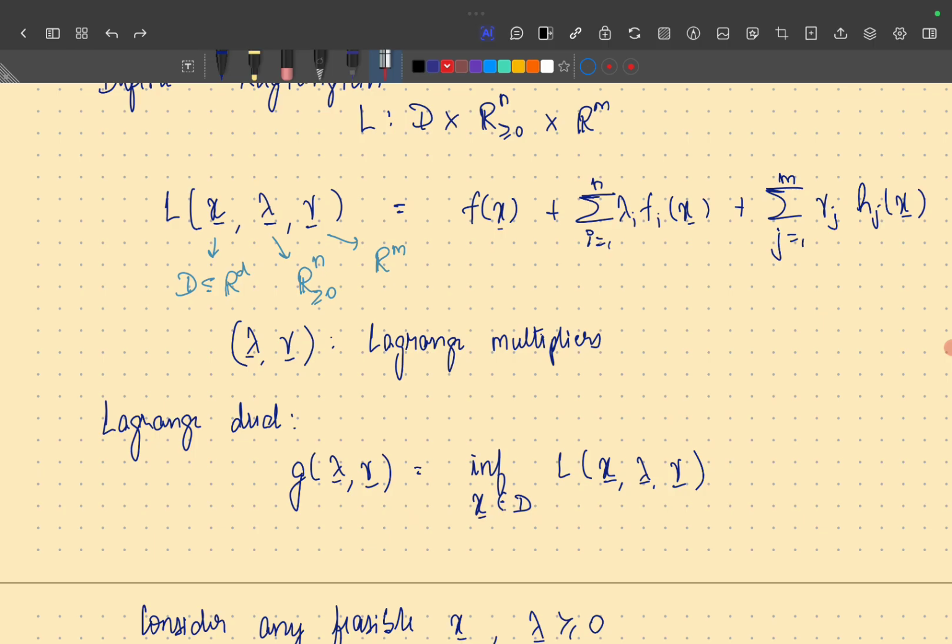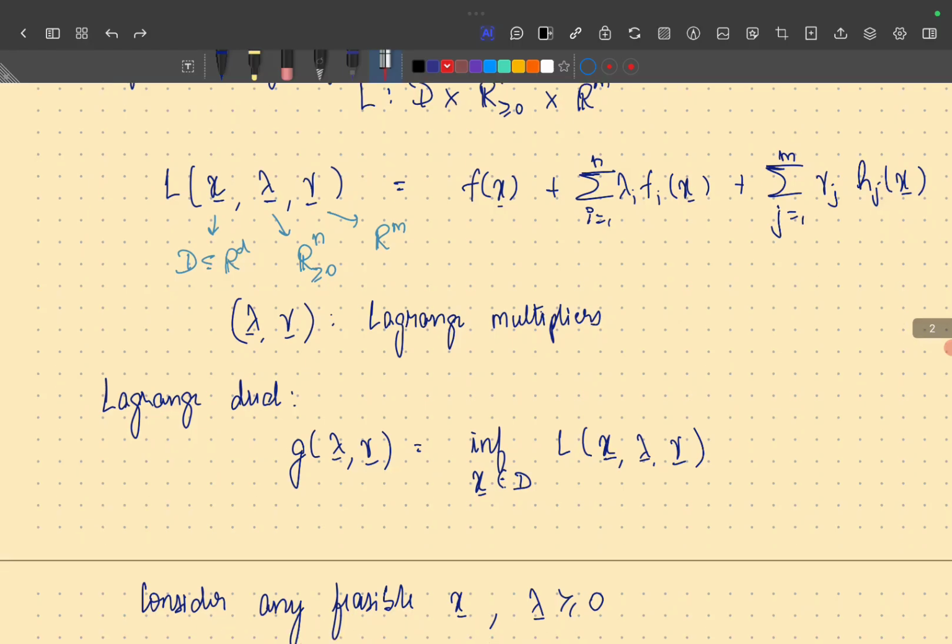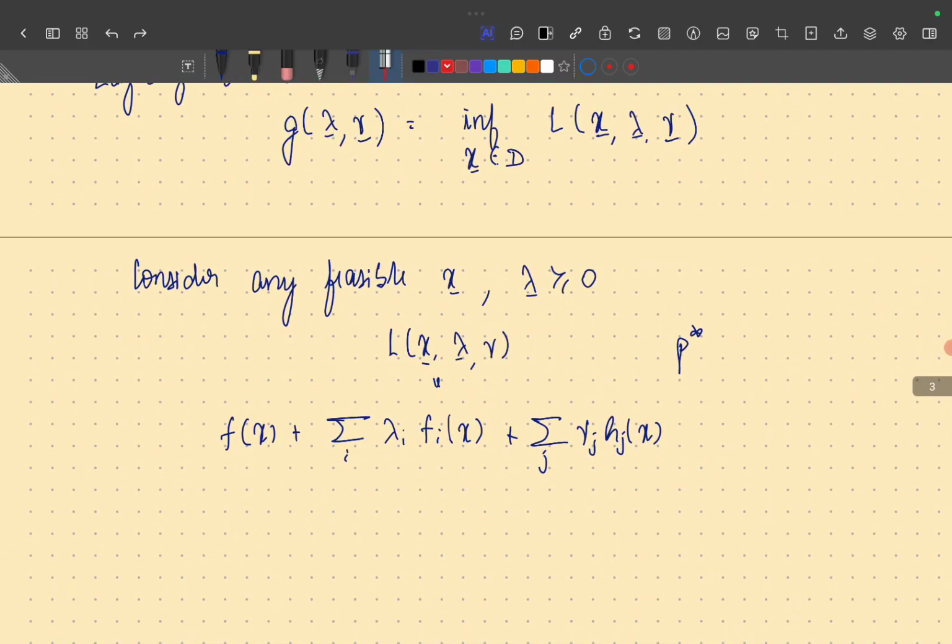So originally I have a constrained optimization problem. This one is an unconstrained optimization problem. All right? So it's different. So the value that you get here is going to be different from p star, the one that you're actually looking for. But in any case, suppose that I have some feasible x and lambda is greater than or equal to 0.